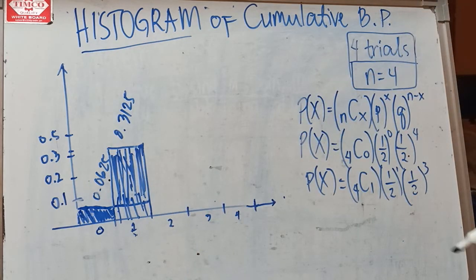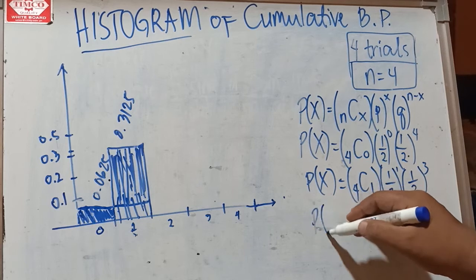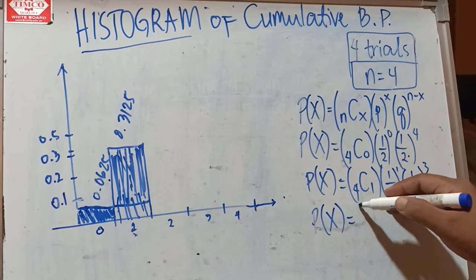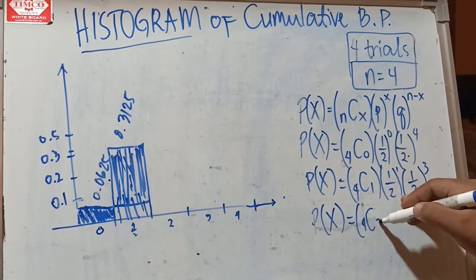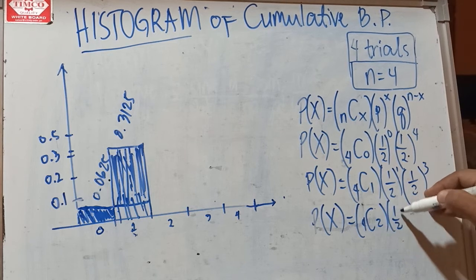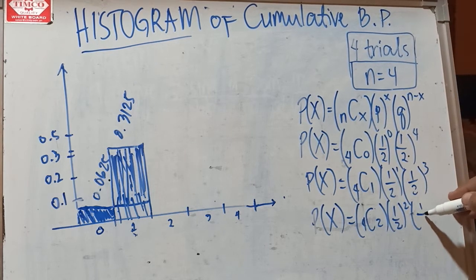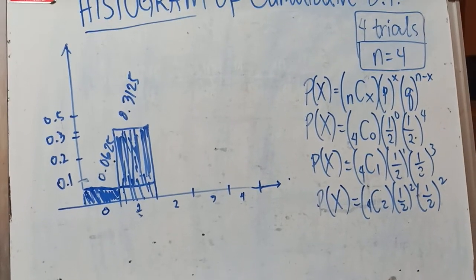Next, we try to have P of x equal to 4C2, that's 1/2 raised to the power of 2, that's 1/2 raised to the power of 2. Okay, so I use my calculator here, and you can do your calculator sa imong end.